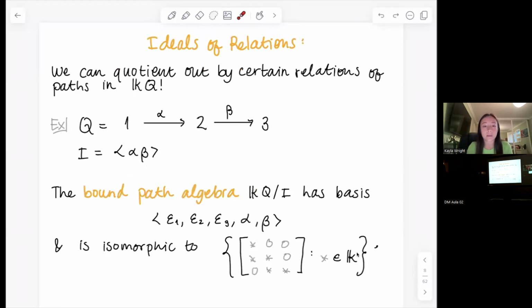So we can look at something called the bound path algebra. So if we take this ideal I generated by the 2-path alpha beta, then we're going to have nearly the same algebra. We now have 5 basis elements, but we've set this alpha beta equal to 0. And this is also going to be isomorphic to a matrix algebra where we can think this lower entry is now having to be 0.